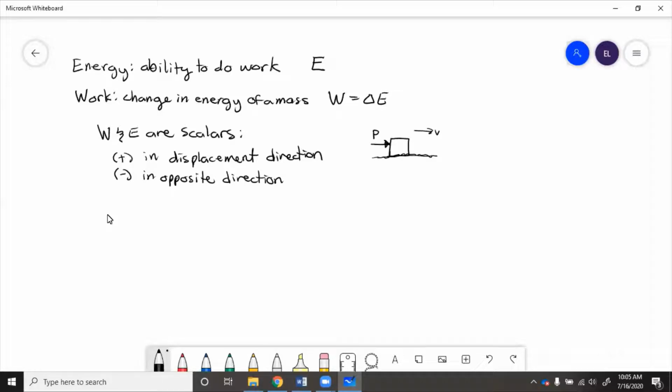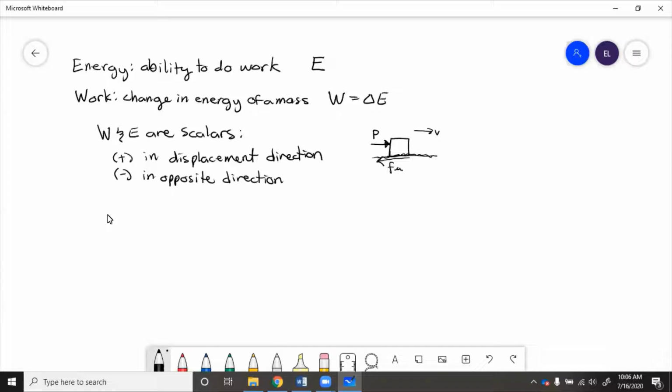So that force P would be doing positive work because it's pushing in the direction of displacement. Now the friction goes against that. So friction does negative work because the friction force is in the opposite direction of displacement.